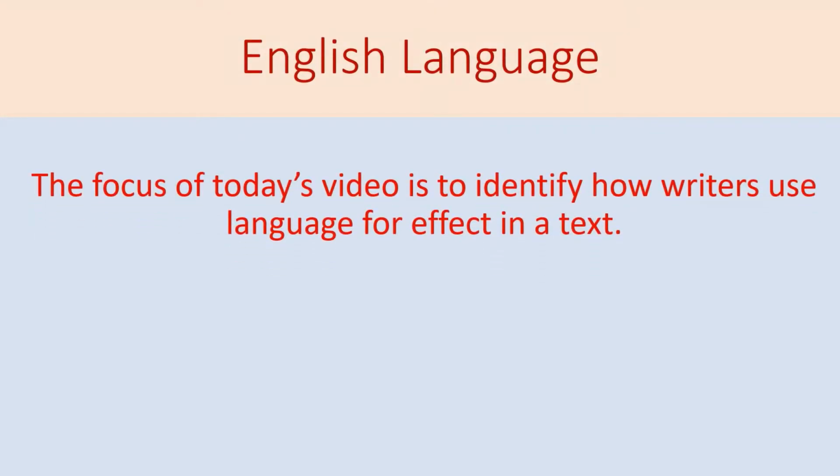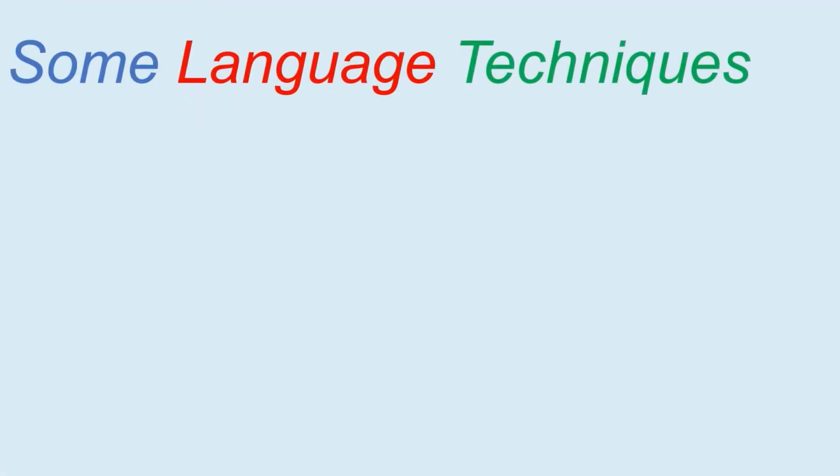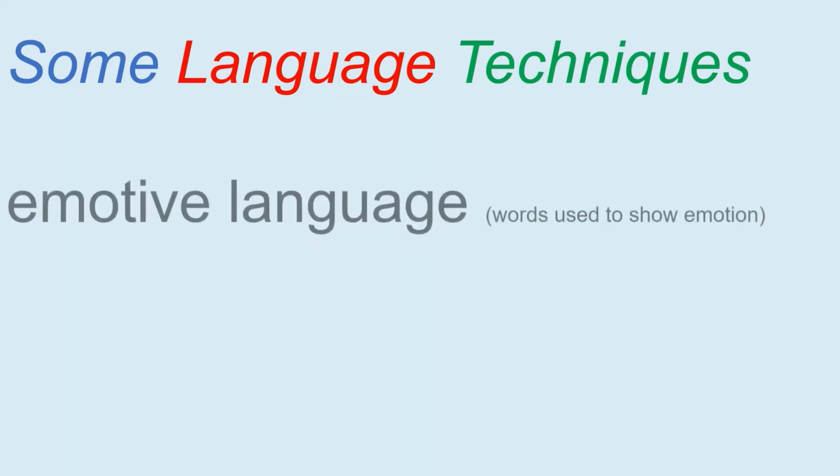The focus of today's video is to identify how writers use language for effect in a text. There are a number of language techniques which I'll just remind you of right now. I won't go over them in detail, but you would see what they are.